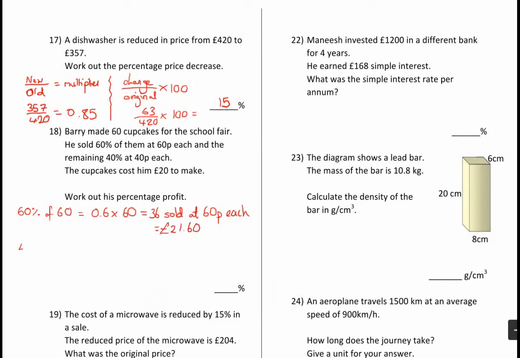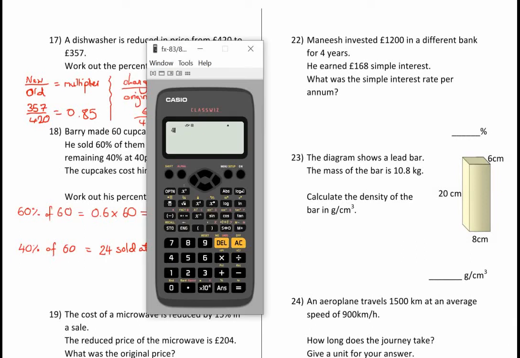The remaining 40% of 60, we could use this method again that we used here to work out what that is, but if I know that 60% was 36, then I know there's 24 left. 24 sold at 40p each. So that contributes £9.60.